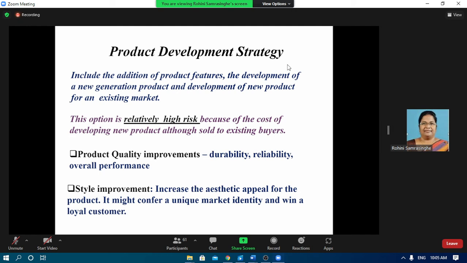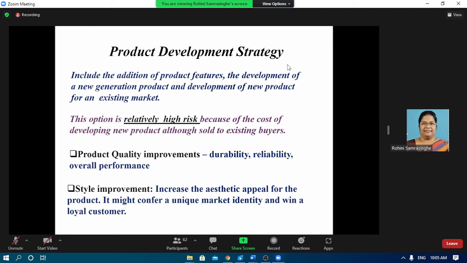These three strategies come under the intensive growth strategy. Once they think they have no further options or further room to develop major intensive growth strategies to increase sales, then they can try to encourage their current customers to buy more.